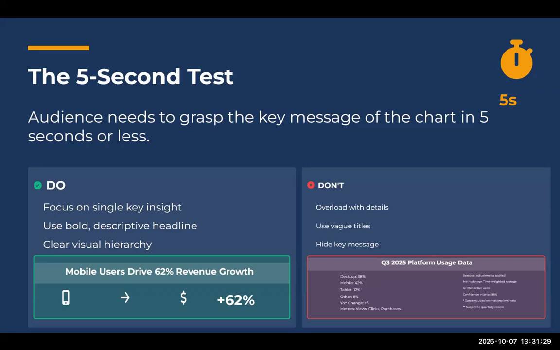For example, mobile users drive 60% revenue growth. So you just use the mobile phone, arrow, dollar sign, and 60% plus. This is easy enough for any audience to understand what you are trying to say.